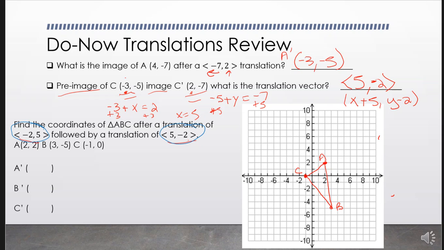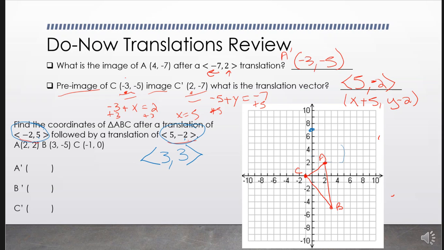So if I just added these together, I would get a vector of +3, and then -5 plus 2 is also +3. So instead of me going 2 to the left, 5 up, 1, 2, 3, 4, 5, and then doing another translation of 5 to the right and 2 down, I can just go 3, 3.